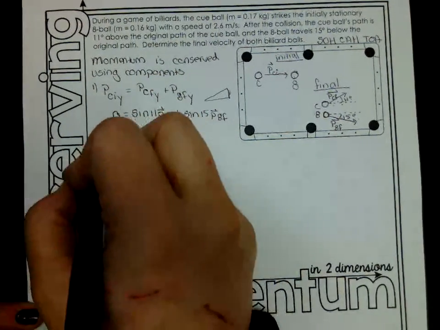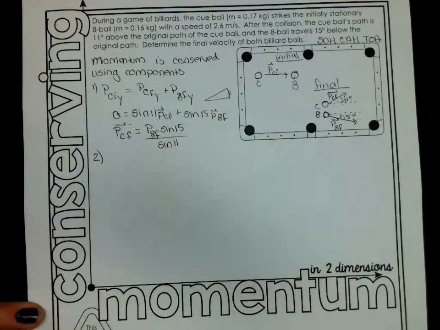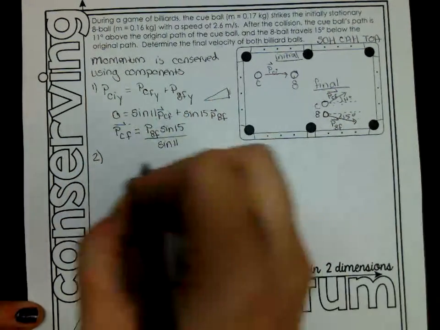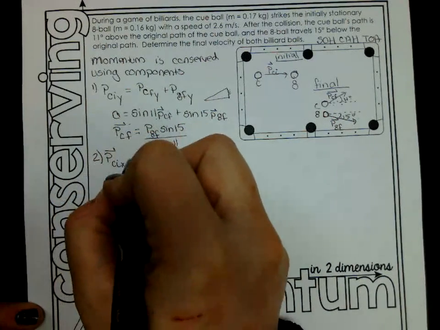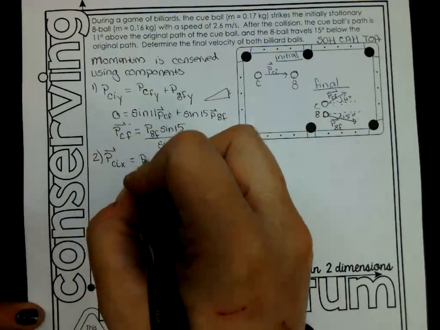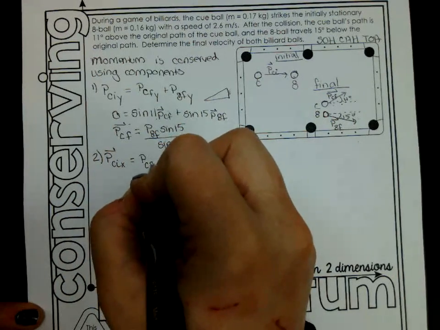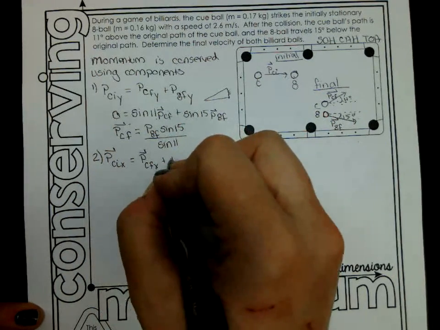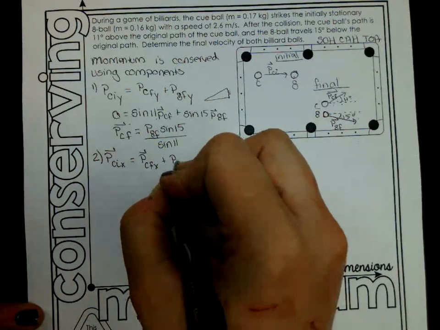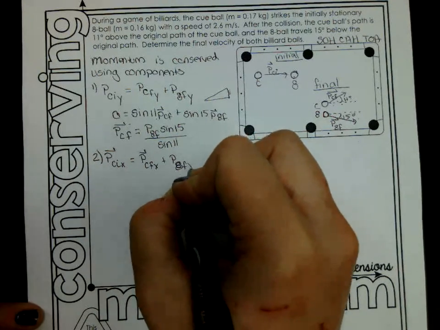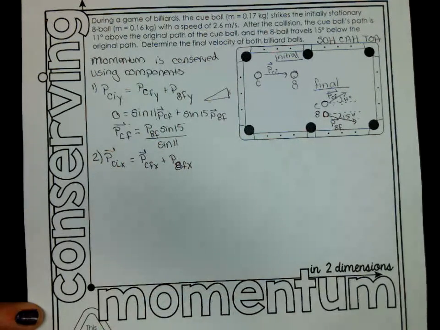All right. So now let's do our x components because we can't go any further than that. So we know the momentum of the cue ball initial x is equal to the momentum of the cue ball final in the x direction plus the momentum of the 8 ball final in the x direction. Again, we're going to use SOHCAHTOA.